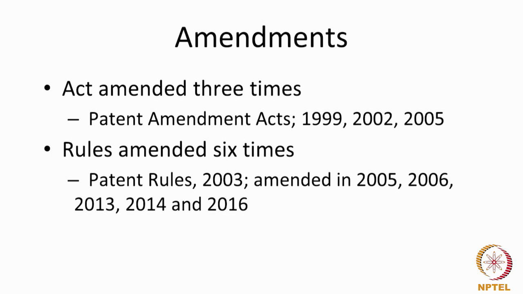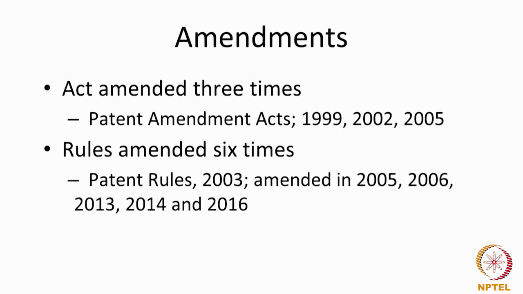Around the same time, the rules were also amended. The patent rules were amended in 2003, and they were again amended in 2005. Now, the 2003 was an overhaul of the earlier rules. The earlier rules were the patent rules 1972, and this was completely overhauled, and in 2005 there were some amendments to it.